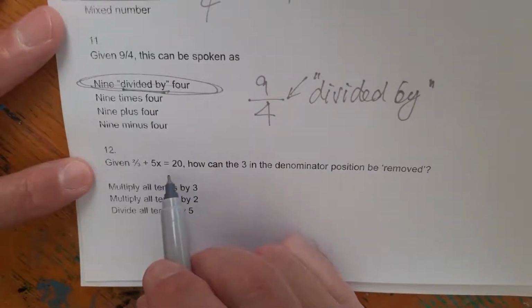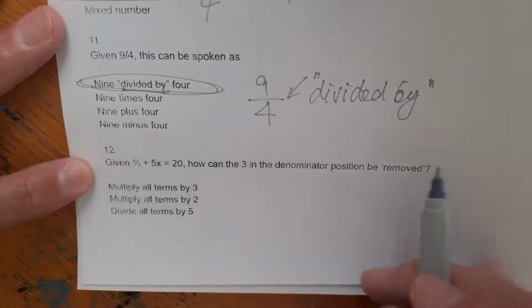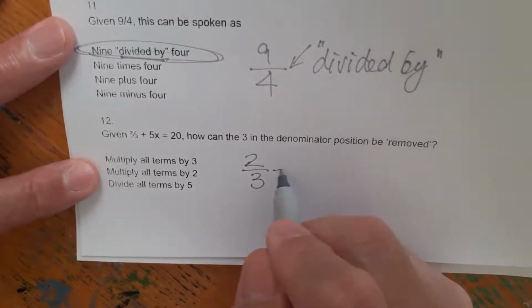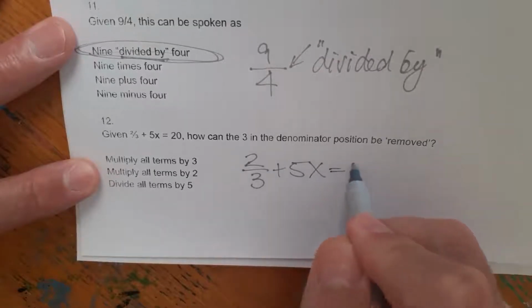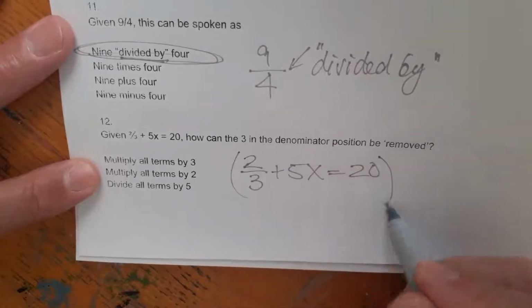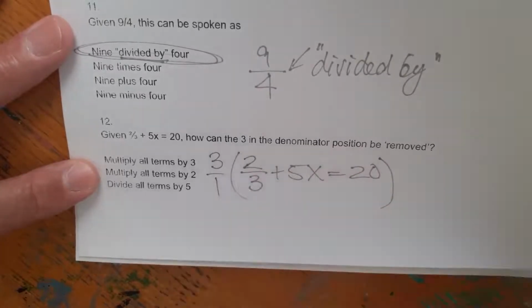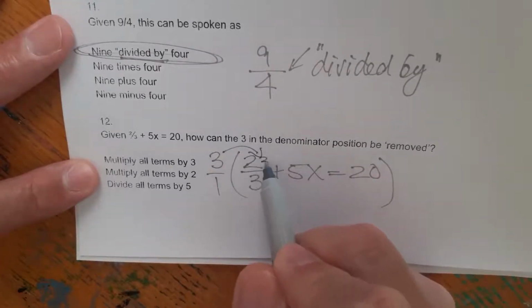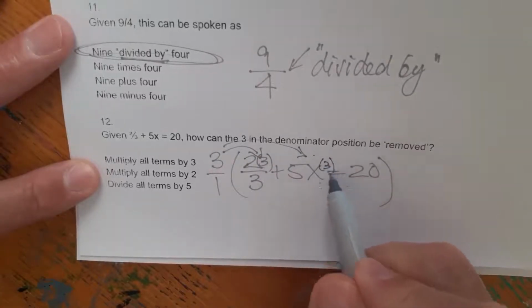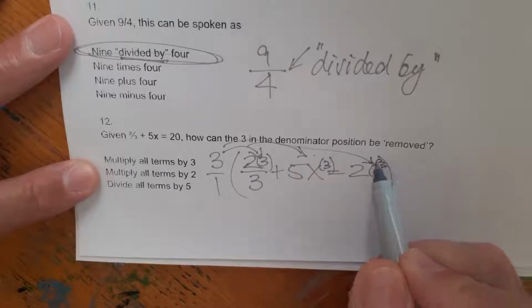Given 2/3 plus 5x equals 20, how can the 3 in the denominator position be removed? So you have a fraction 2/3 plus 5x equals 20. This is an equation. We don't like this at all. Well, by multiplying the entire thing by 3 over 1, we multiply a 3 here, we multiply a 3 here, and we multiply a 3 here, right?